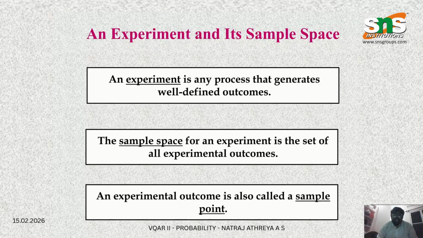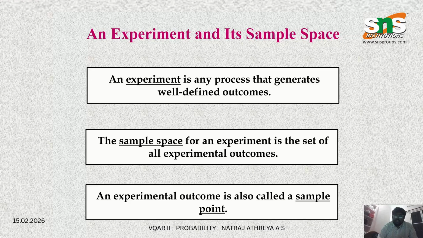An experiment and its sample space. An experiment is any process that generates well-defined outcomes. So if you perform any experiment or process, the outcome it generates should be very clear and well defined. Then it can be called an experiment. A sample space for an experiment is the set of all experimental outcomes.